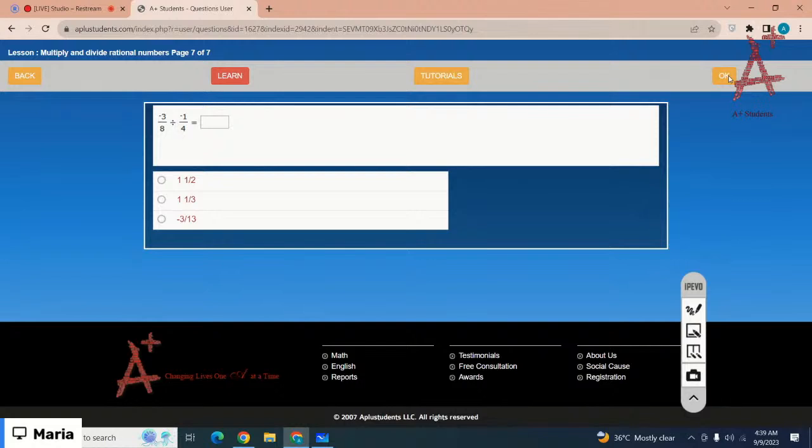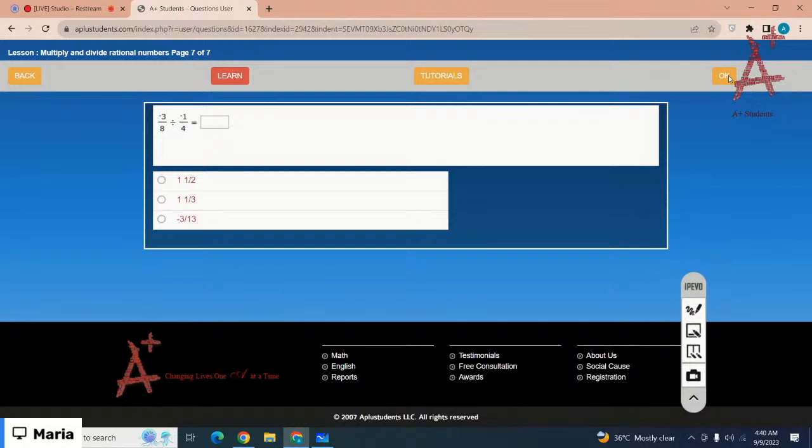So which is the correct option? Yes, that equals 1 whole 1 over 2.